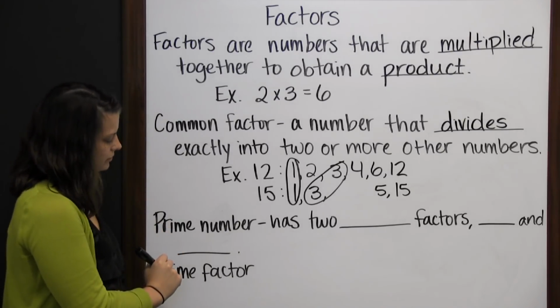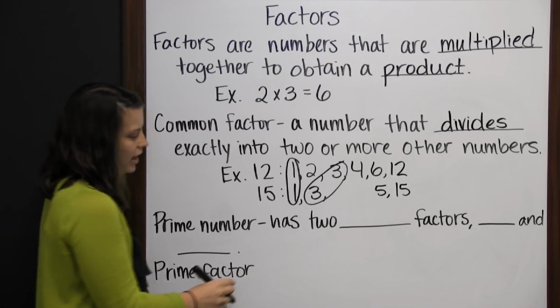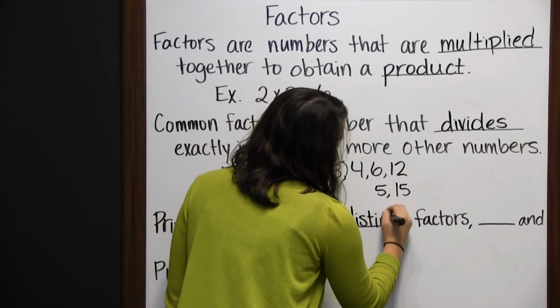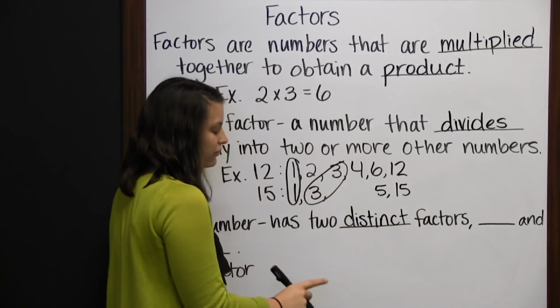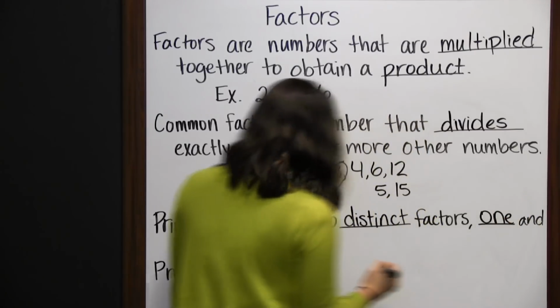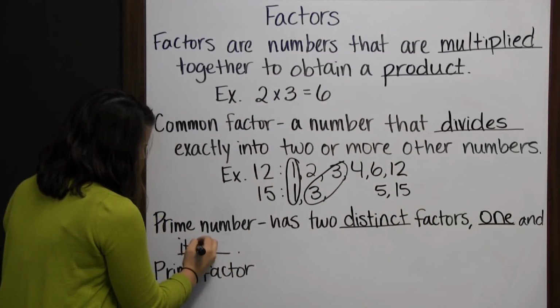Prime number. Prime numbers have two distinct, which means different, factors: 1 and itself.